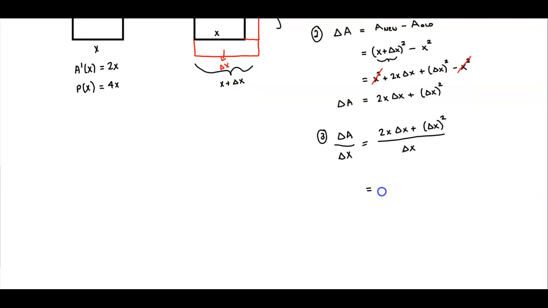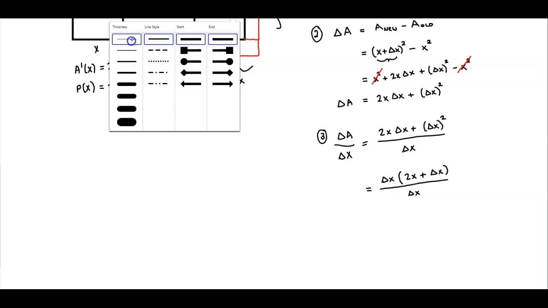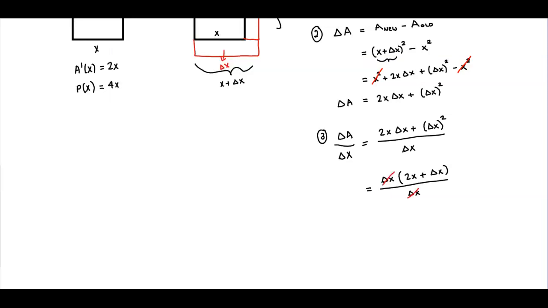We can factor out a change of x in the numerator, and what's left is 2x plus the change of x, divided by the change of x. So we can eliminate that to get 1. And so the change in area with respect to x here is going to equal 2x plus the change in x.